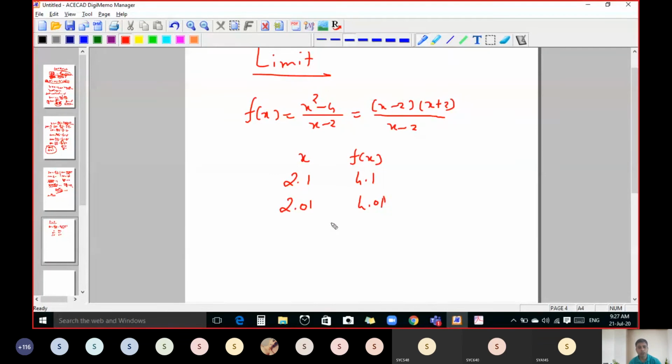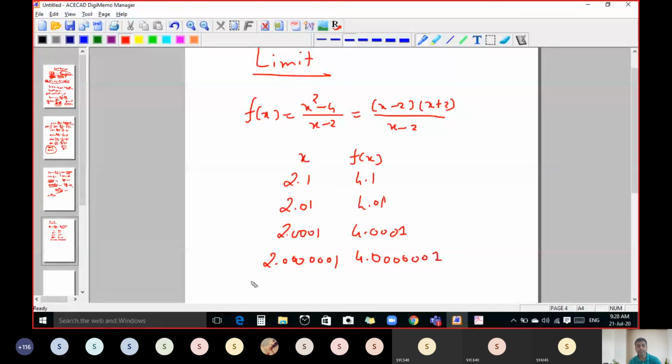If we put 2.0001, we get answer 4.0001. If we put 2.0000001, with 6 zeros, you will get answer 4.0000001.